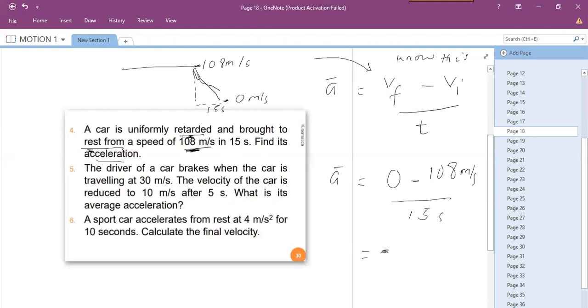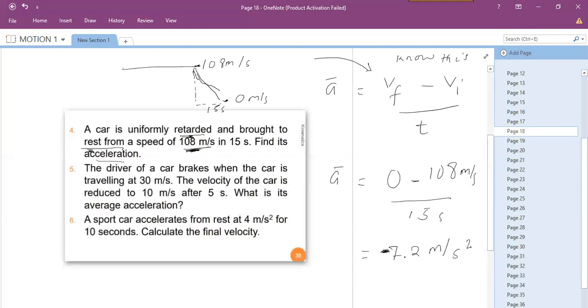Our acceleration will be negative because it's retardation. So 0 minus 108 is minus 108, divided by 15. We're going to get negative 7.2 meters per second squared.